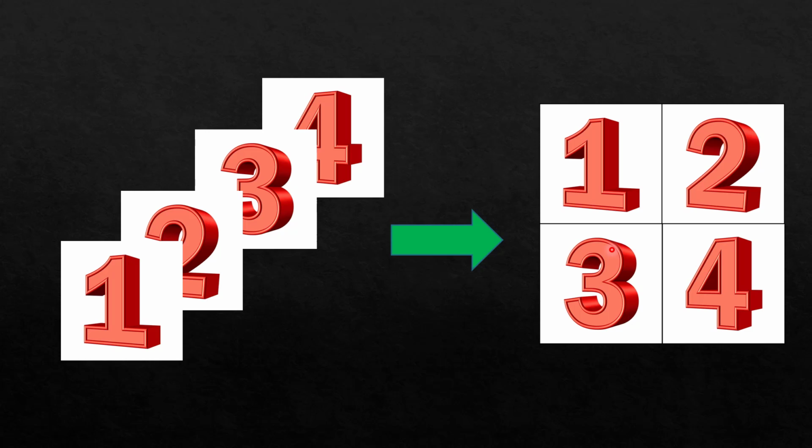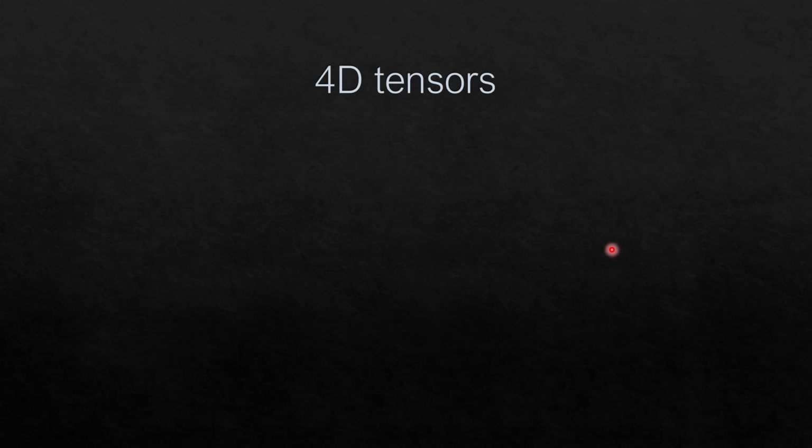Now before we do that, let's recap what we learned in my previous video on different kinds of tensors called the 4D tensors, because over there we discussed how we can express a list of images using a 4D tensor.